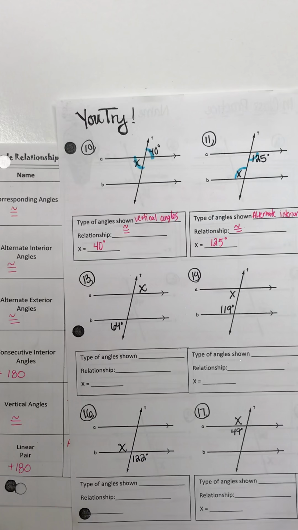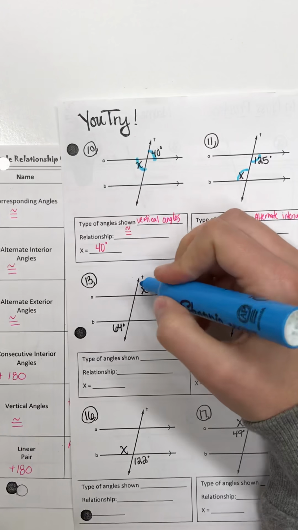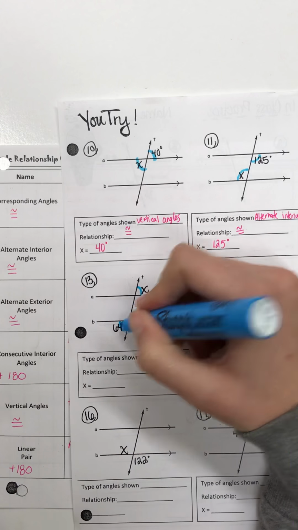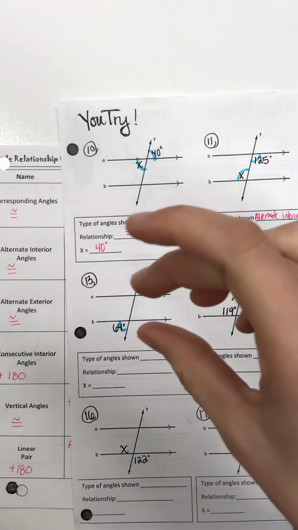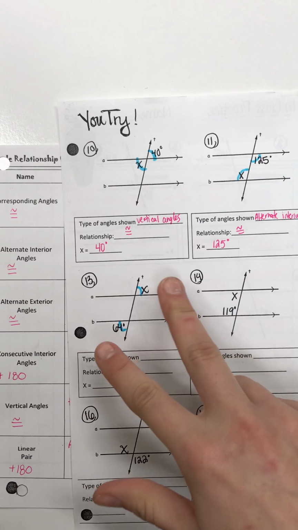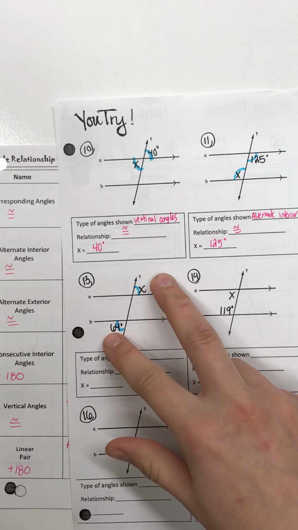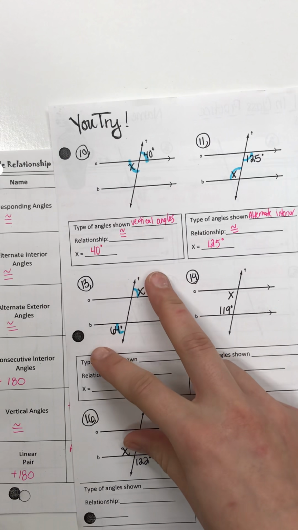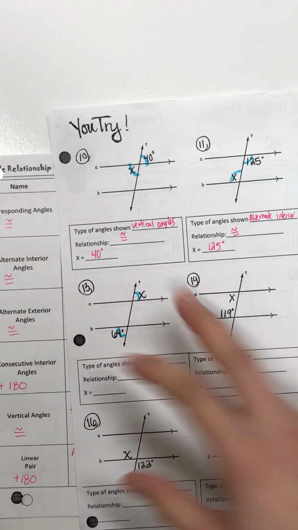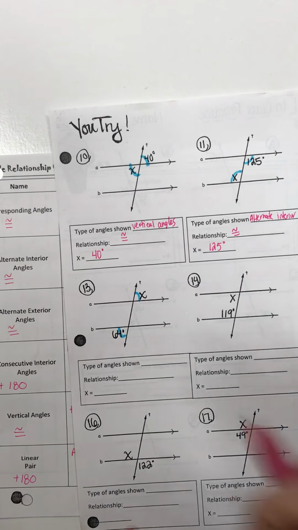Notice number 13, I'm given x, and I'm given 64. And what you notice once you highlight those is those two angles are on the outside of the parallel lines and on opposite sides of the transversal. Since they're on the outside of the parallel lines, that makes them exterior angles, and opposite sides of the transversal means that they're alternating exterior angles.